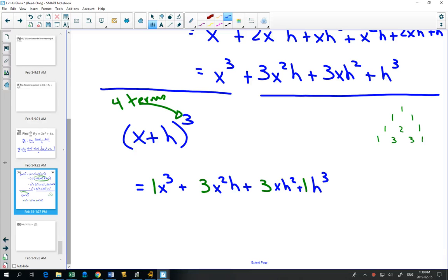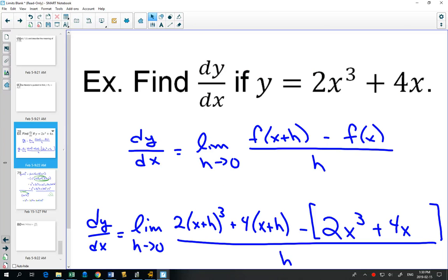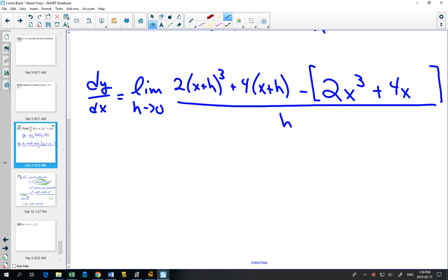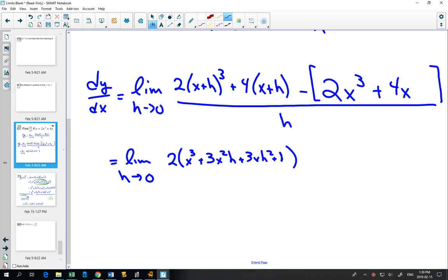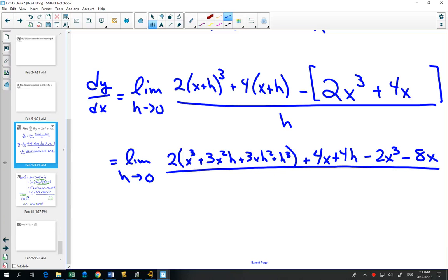Whichever way you expand that, we can now go back to our limit and say dy dx is equal to the limit as h goes to 0 of 2 times x cubed plus 3x squared h plus 3xh squared plus h cubed plus 4x plus 4h minus 2x cubed minus 8x, all over h.